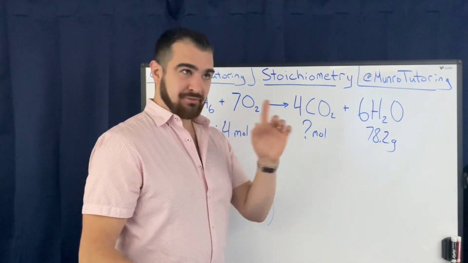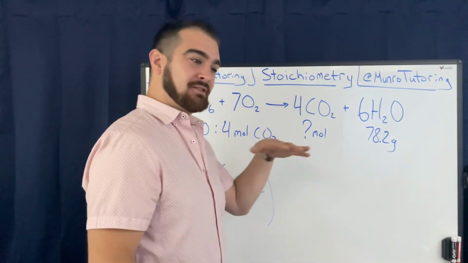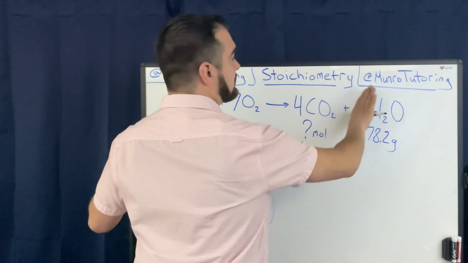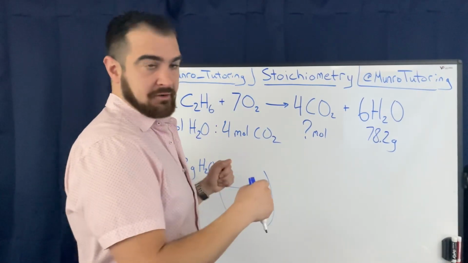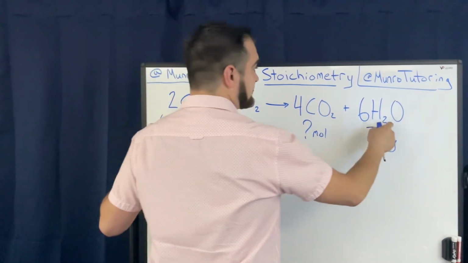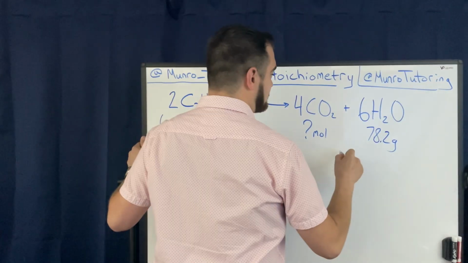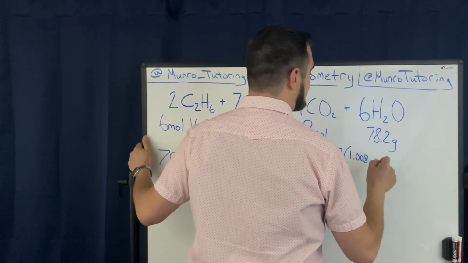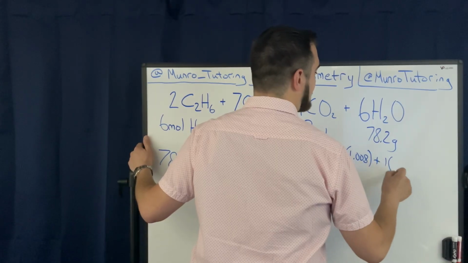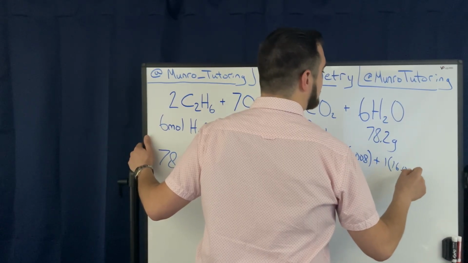Again, I have a video on how to calculate the molar mass, so I'm going to do it really quickly right now. We don't use the coefficient here. We're just looking for the mass of a mole of water, a single mole, right? So there's 2 hydrogens, so that's going to be 2 times the molar mass of hydrogen, which is 1.008 grams per mole. And there's only 1 oxygen, and that's 16.00.